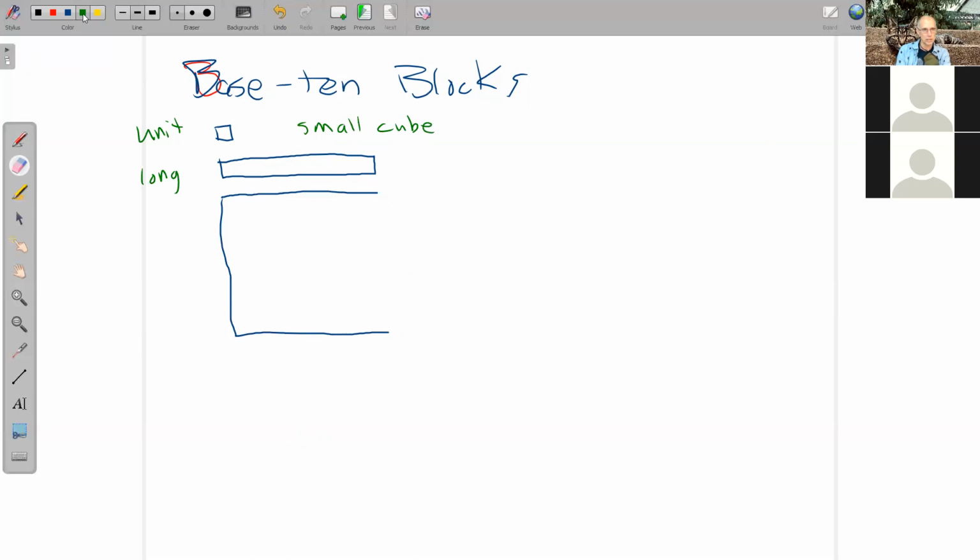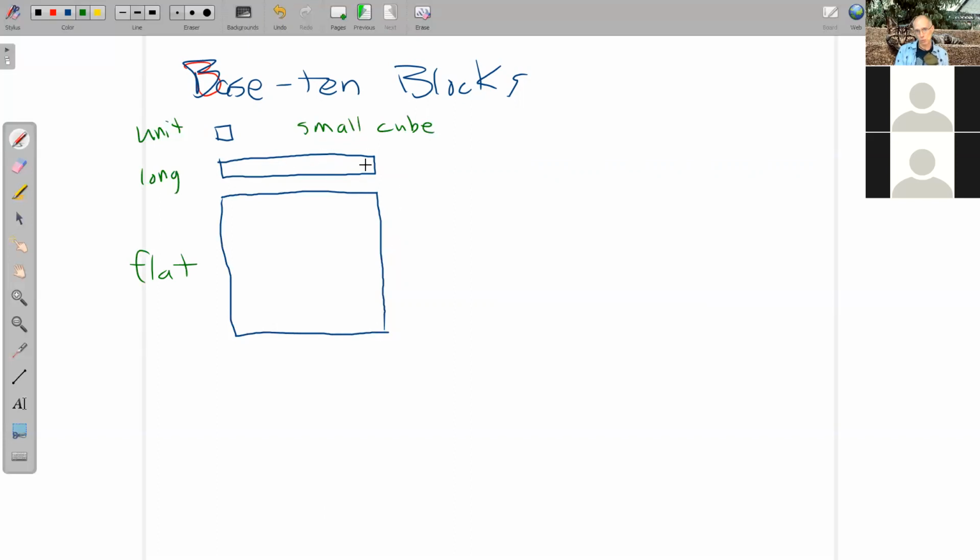And this is somewhat important, that when I'm drawing these, I want to make it look like 10 of these units make a long, and 10 of these longs make what we call a flat here. So we have the unit, we have the long, we have the flat, and there are, in the three-dimensional versions that we play with in the classroom, there's actually a big cube made up of 10 flats, but I'm not going to draw that here. And any of these could be a whole.